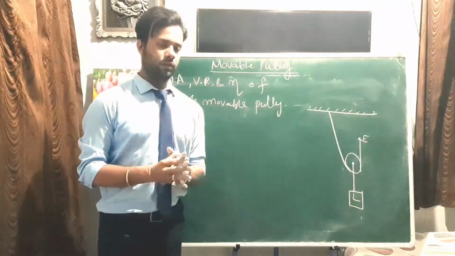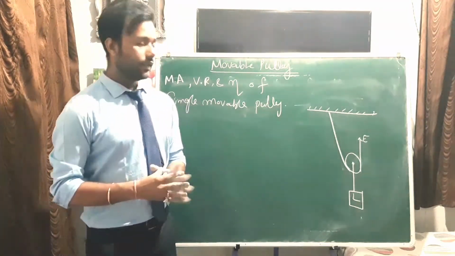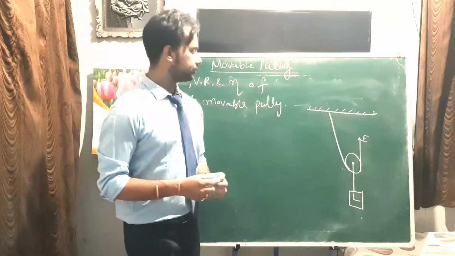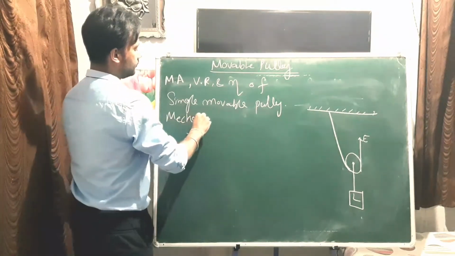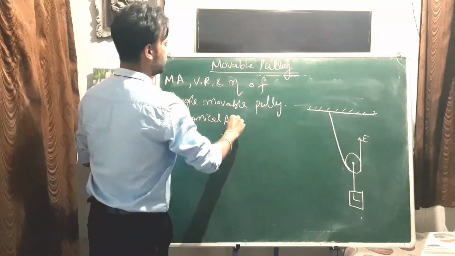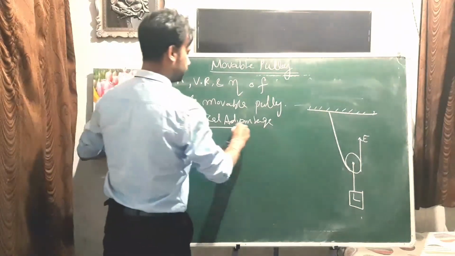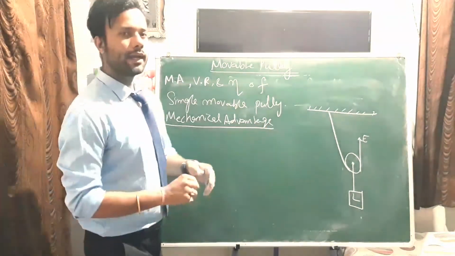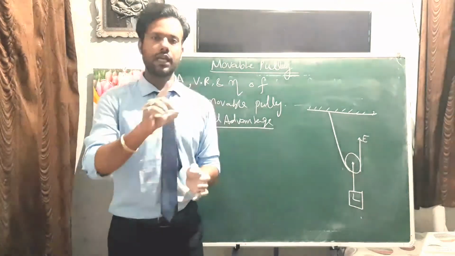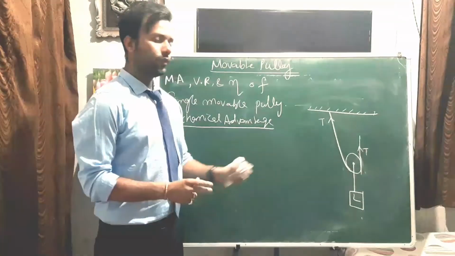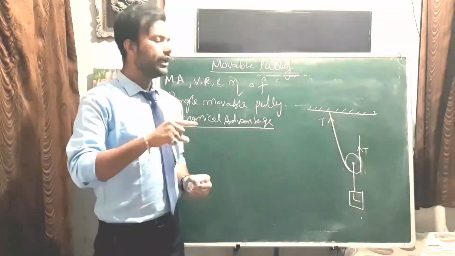Now to calculate the mechanical advantage, let's see the diagram. To find the mechanical advantage, we must have the value of load and the value of effort, because MA is load upon effort. From the diagram you can see that the tension acting on the complete string is T.